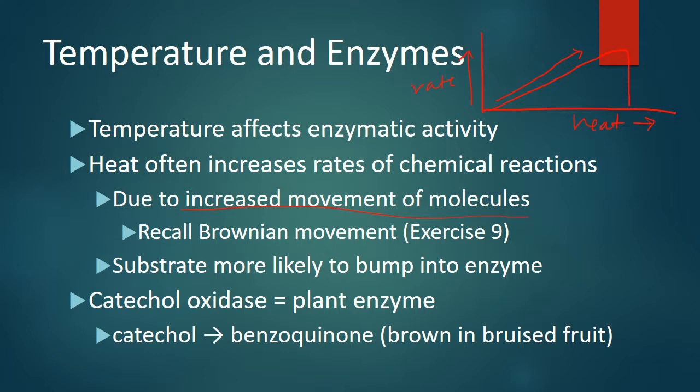So remember Brownian movement, we did that a few weeks ago where you saw these little particles just kind of vibrating underneath the microscope. They were carmine powder and they were so small that you could see them moving. So the random movement of molecules means that the enzyme is more likely to bump into the substrate and vice versa. They don't go seeking each other, they just happen to bump into each other.